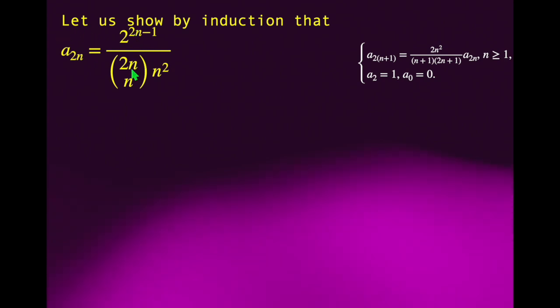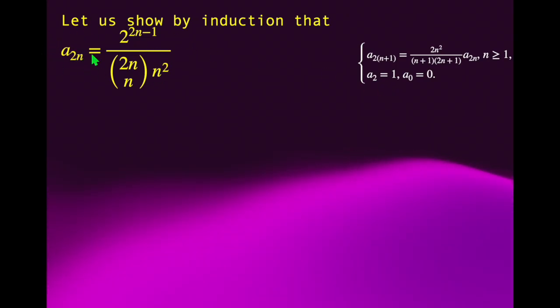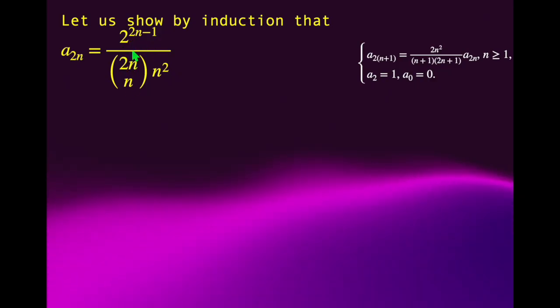So we will show by induction, by using this relation, that a_{2n} is equal to 2^{2n-1} over the binomial coefficient (2n choose n) multiplied by n squared.